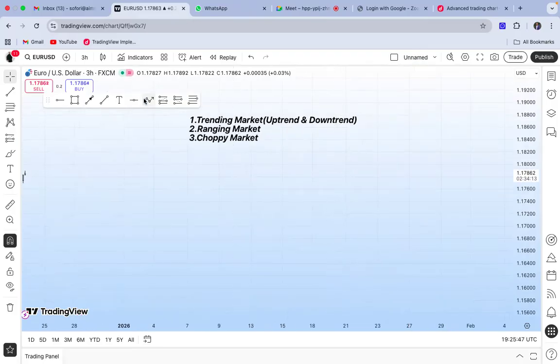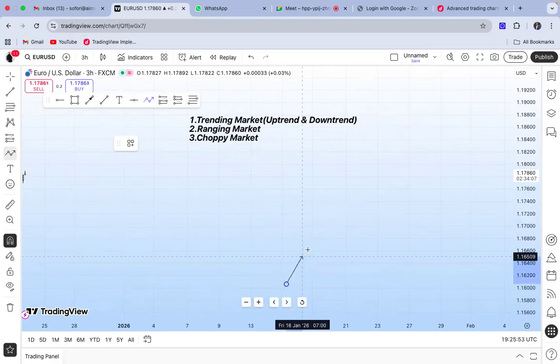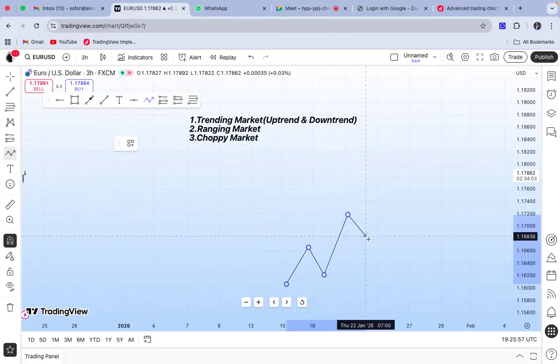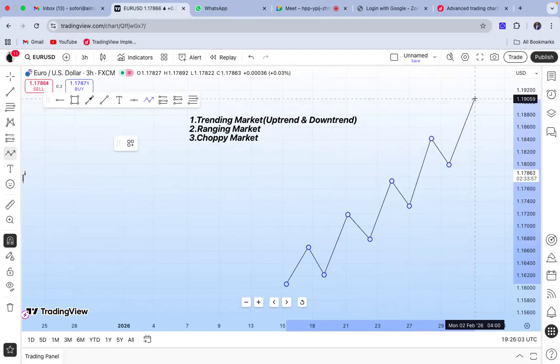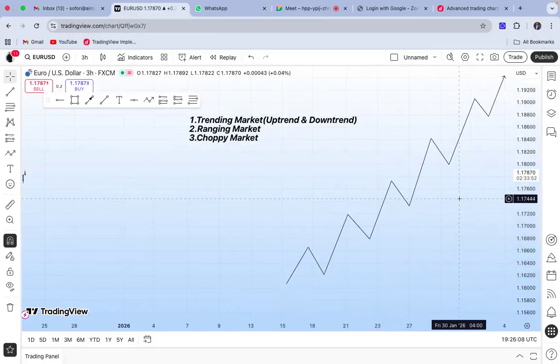For the uptrend, we are likely to see something like this: the market starting from a lower region and then going into a higher region. What do we mean by it moving from a lower region to a higher region?